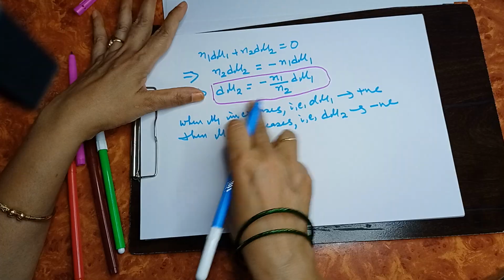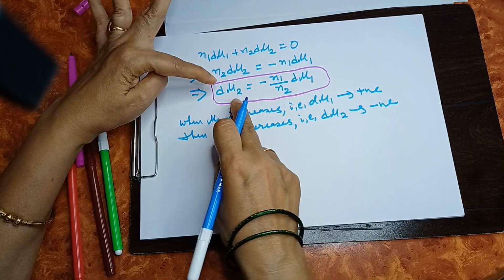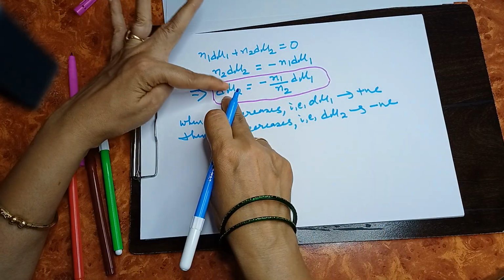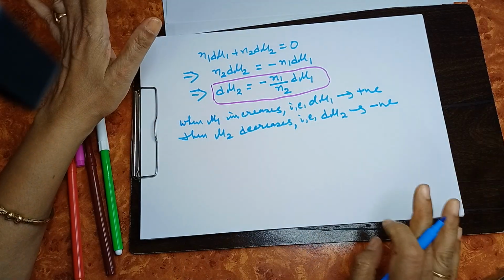From this equation we get these things. So if mu 2 increases, mu 1 decreases. If mu 2 decreases, mu 1 increases.